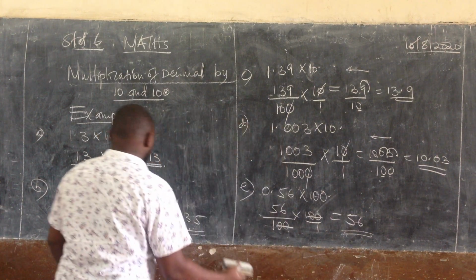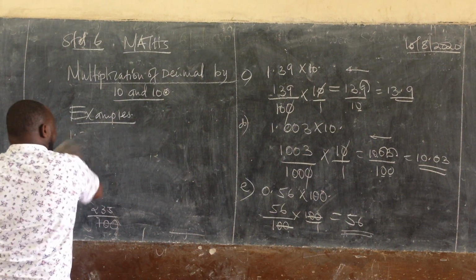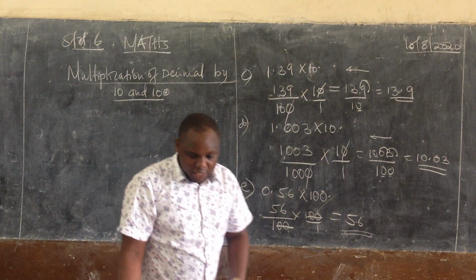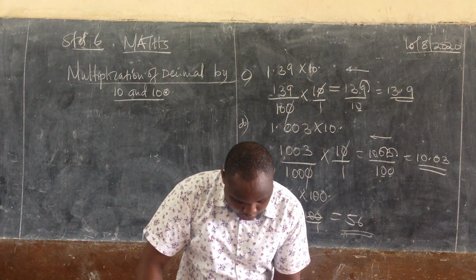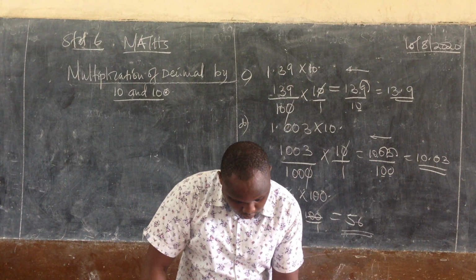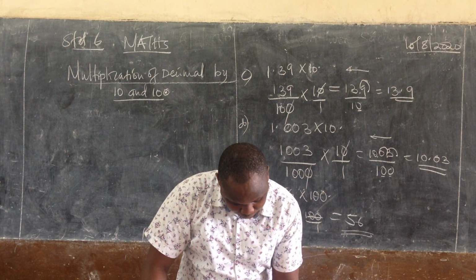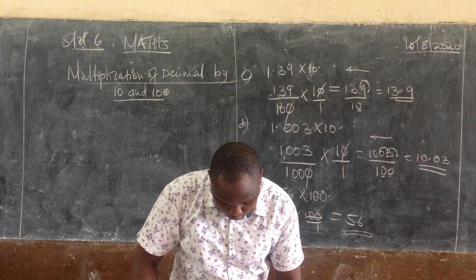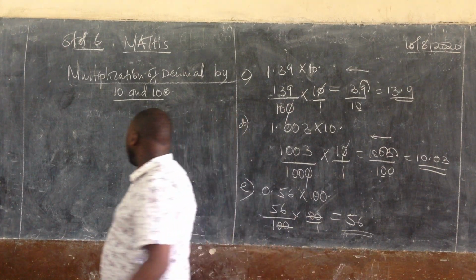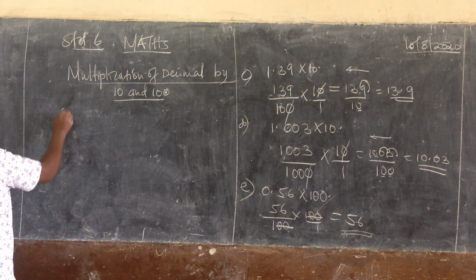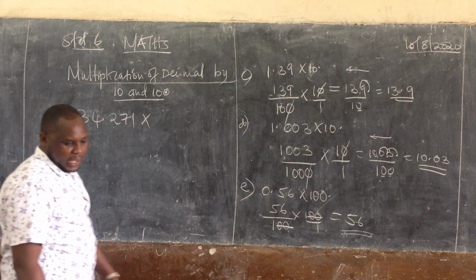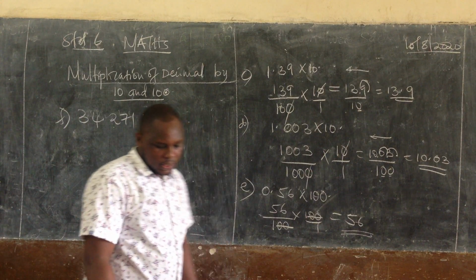Maybe we do 2 more examples before I give you an assignment. We are given 34.271 to be multiplied with 100.